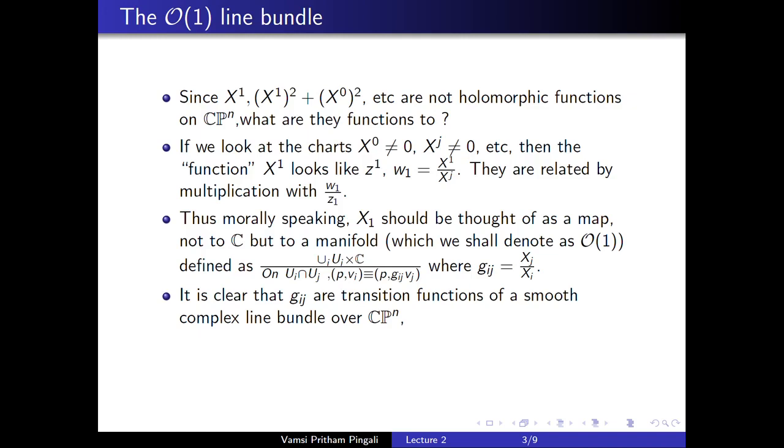So recall what vector bundles are. Vector bundles are basically smoothly varying families of vector spaces over a manifold.